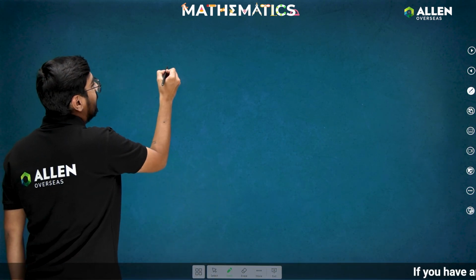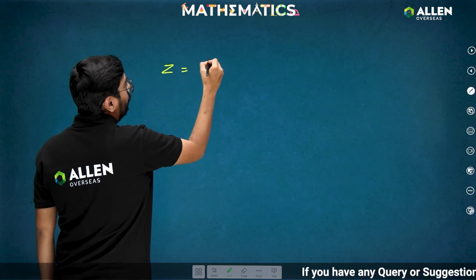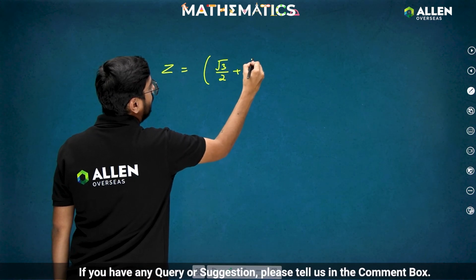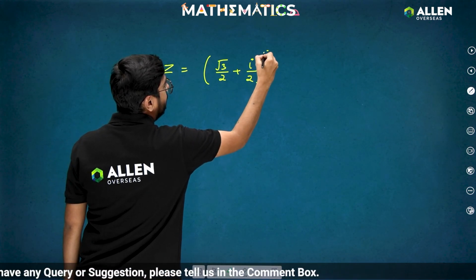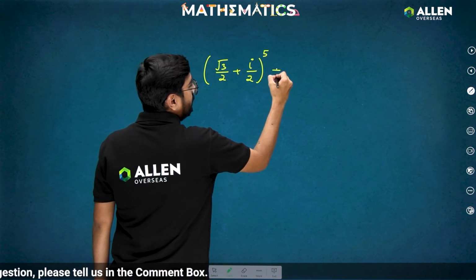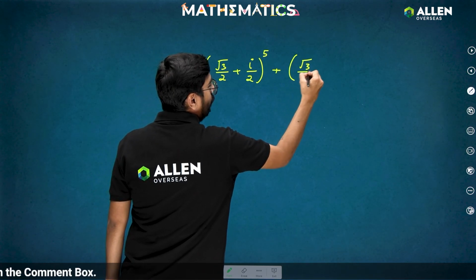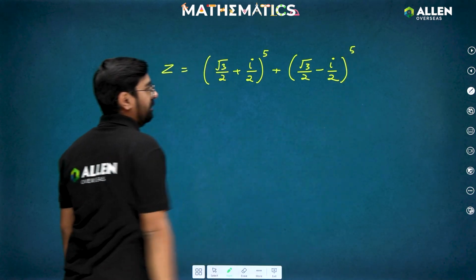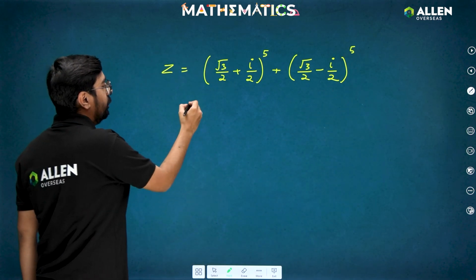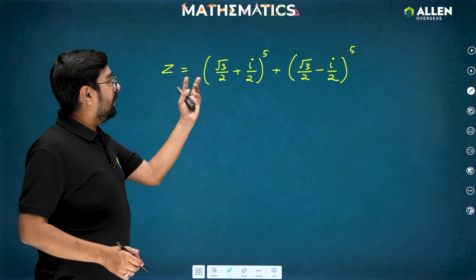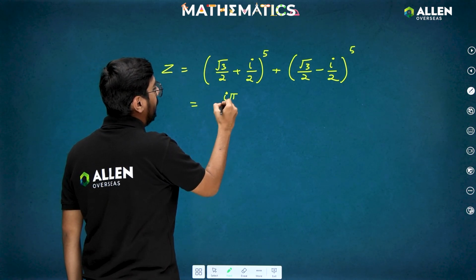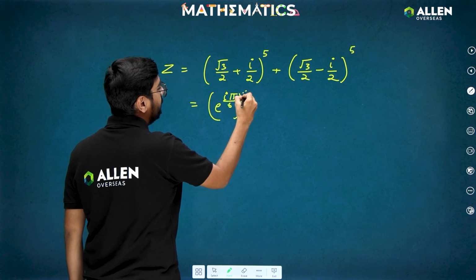So we know that z is equal to (root 3 by 2 plus i by 2) to the power of 5 plus (root 3 by 2 minus i by 2) to the power of 5. And now I know that root 3 by 2 plus i by 2 can be written as e to the power of i pi by 6, to the power of 5.